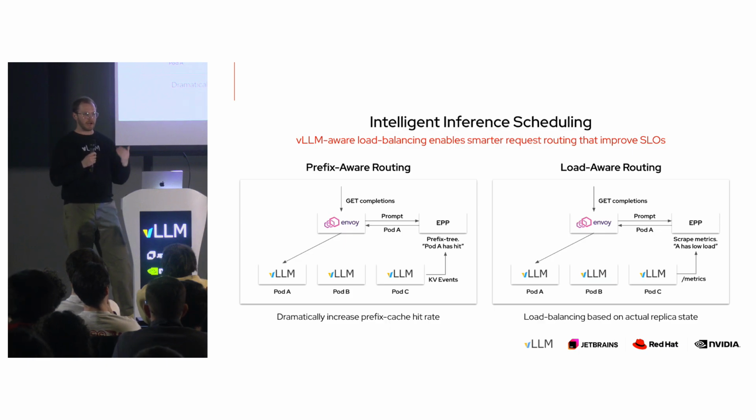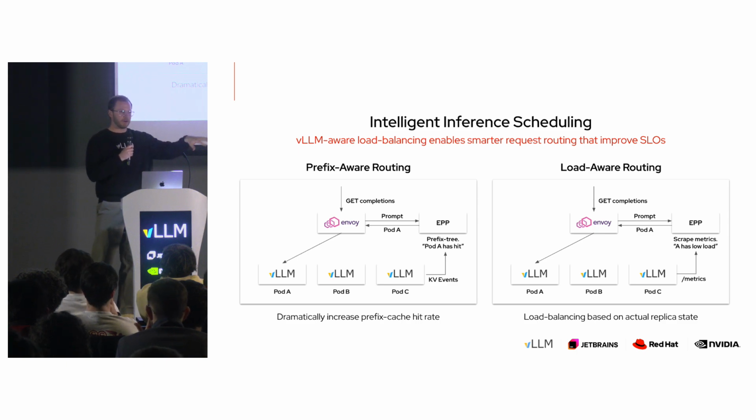How you're choosing to route your incoming request, from the completions API, it goes into the Envoy and communicates with EPP and your different vLLM pods, and we can have different intelligence that we can add in there, whether we want to route based on how much prefix cache percentage we're hitting on all the different nodes.